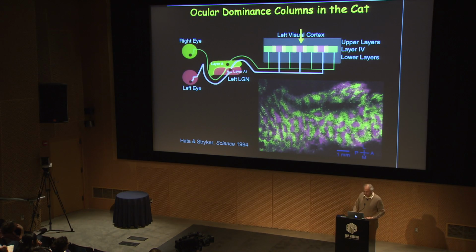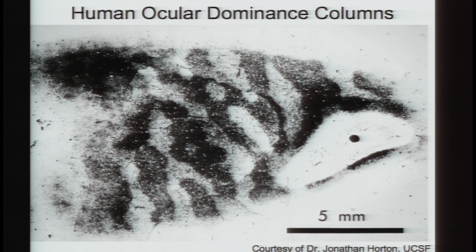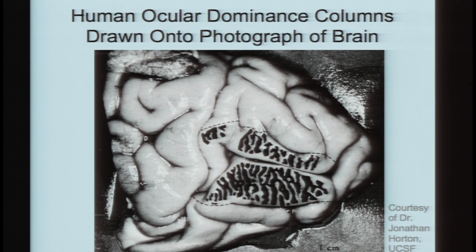you see in cats and monkeys, and also in humans, in this slide made by my colleague Jonathan Horton, this prominent clustering of input serving the left and right eye into separate patches of cortex in the human visual cortex. And Dr. Horton's drawn this on the photograph of the brain of these people.